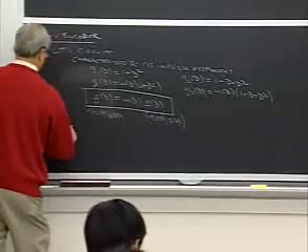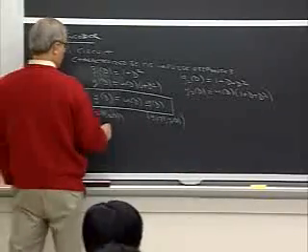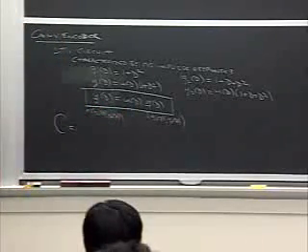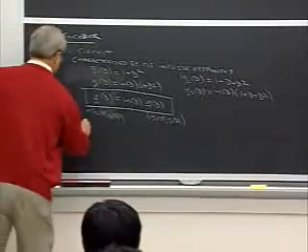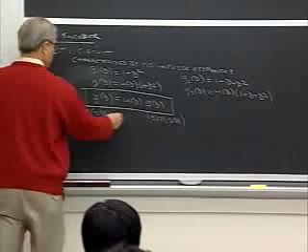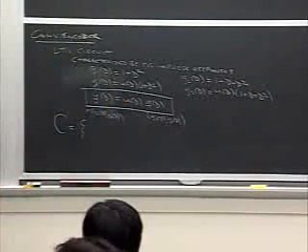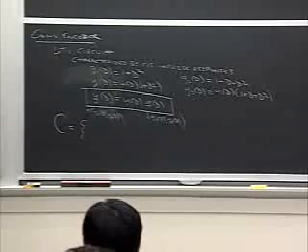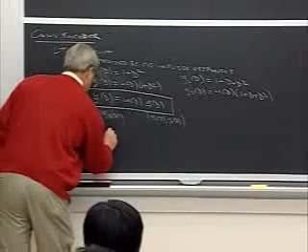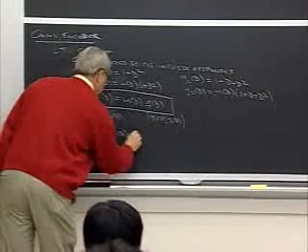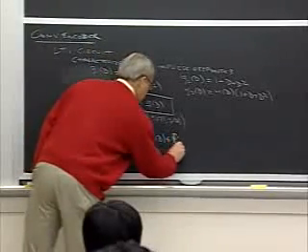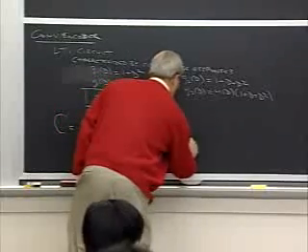And now the convolutional code. This is the output sequence in response to a particular input sequence u of D. So we're going to define the code as the set of all possible output sequences when the input sequences run through what? We're going to let the input sequences, now with all this elaborate setup, be the set of all output sequences y of D equals u of D g of D, as u of D runs through the set of all Laurent sequences.